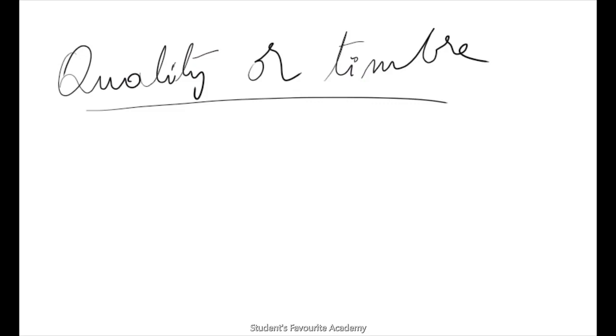Okay. So, what is the quality or timbre of a sound? Two sounds may have the same loudness, same pitch, but they are emitted by two different instruments. So you can immediately make out that this sound is from this instrument and this sound is from that instrument. You can make out which sound is from a flute and which sound is from a guitar.